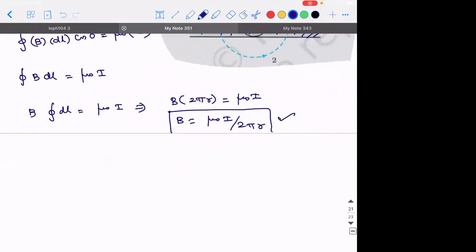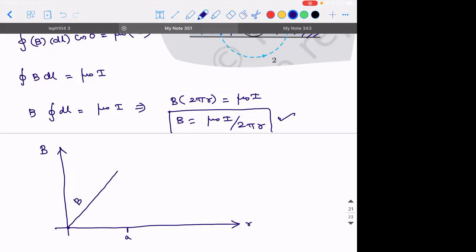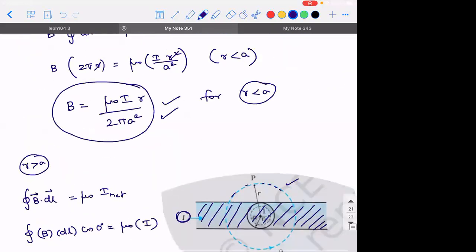The last point that we need to make a note of is, how will the graph look for the variation of B with respect to R? From the origin, if you take the value of R till A, where A is the radius of the circle, here it is directly proportional to R. Observe, mu naught I by 2 pi a square is a constant, because mu naught is constant, I is steady current, 2 pi is constant, and A is the radius of that wire.